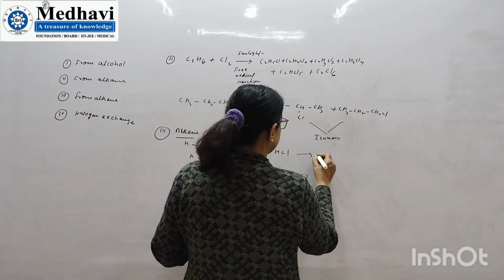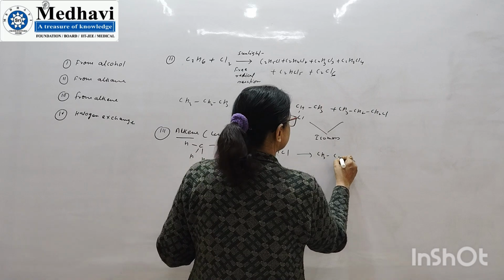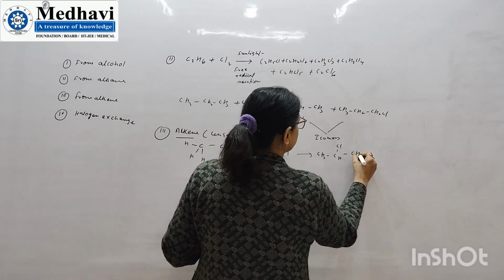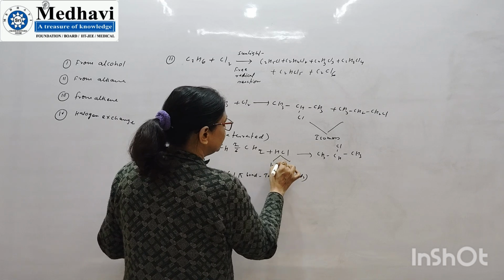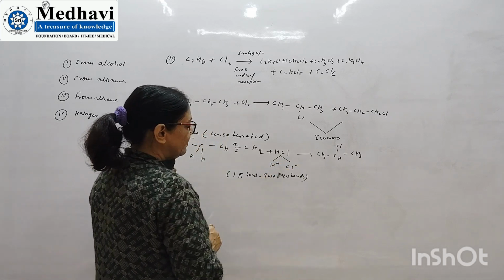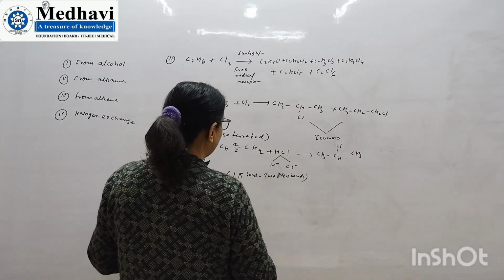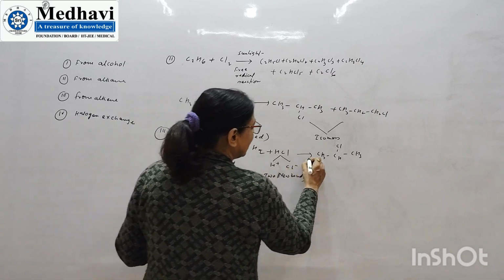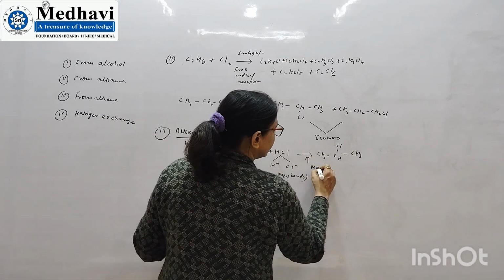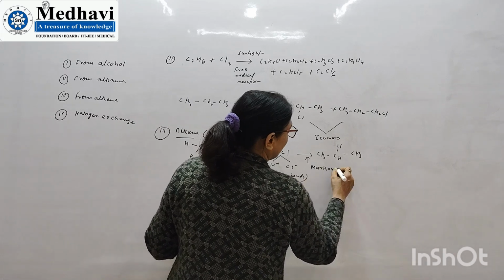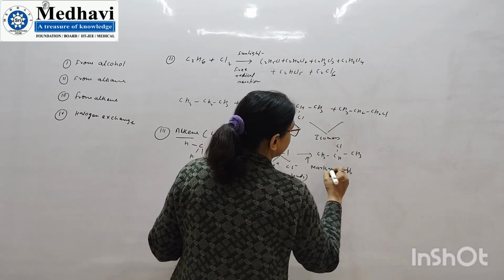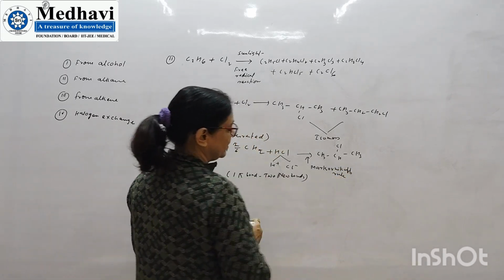So we can say that here we get CH3, CHCl, CH3. Here the reagent will break into two parts, H plus and Cl minus, and the reaction will be controlled by a rule. That rule is called the Markovnikov rule. Very important.